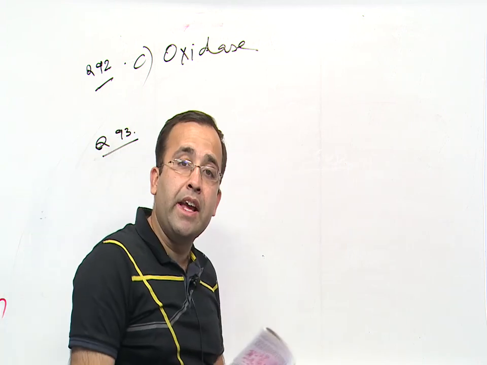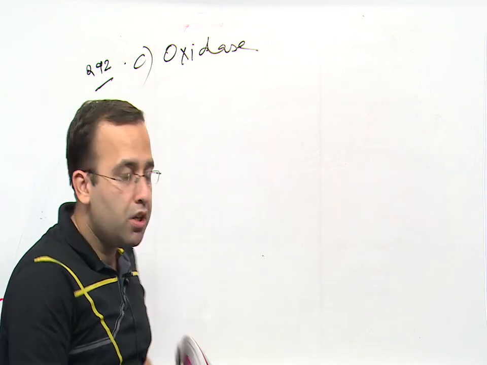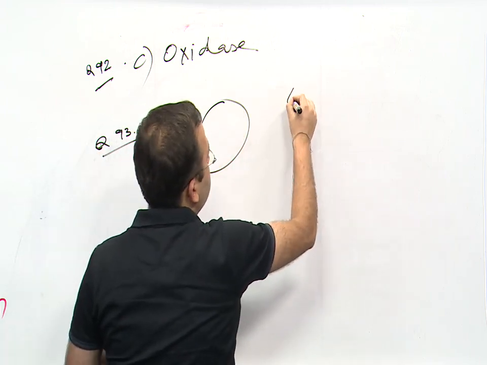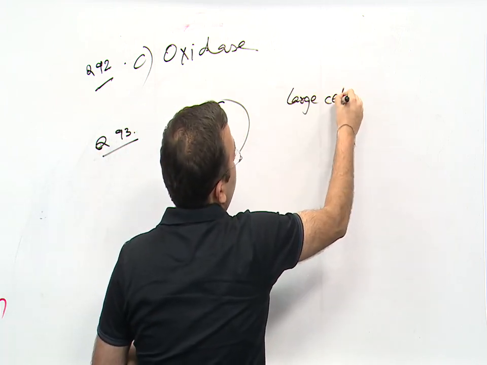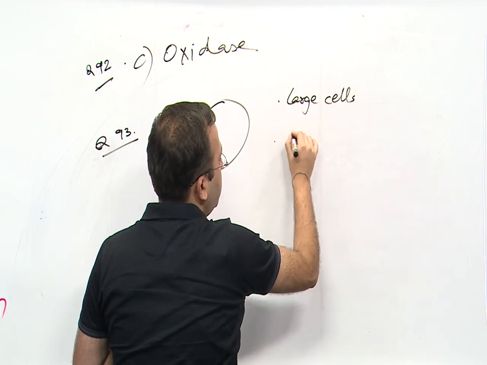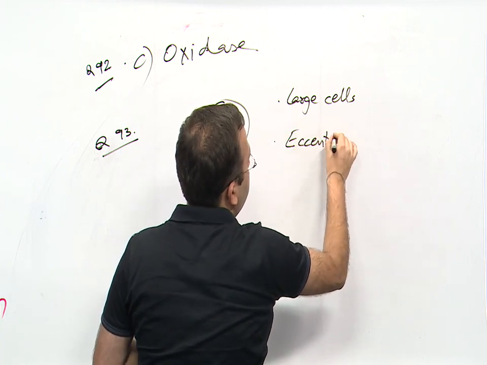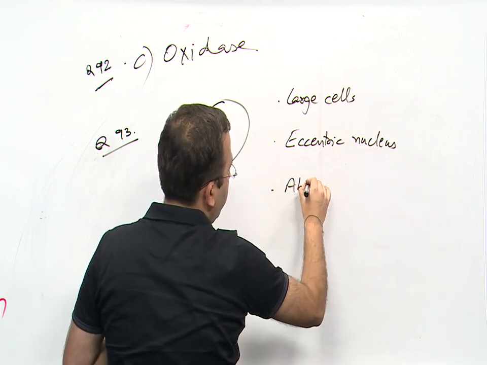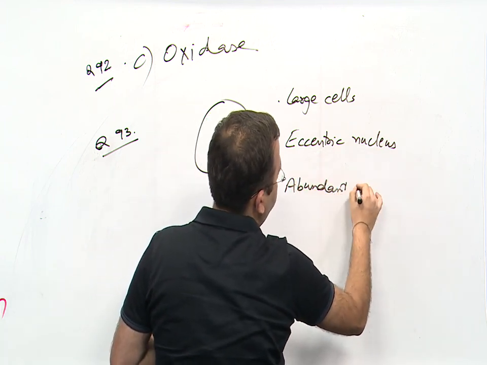First, have a look at the image. What the image is showing you is the presence of large cells with an eccentric nucleus and abundant cytoplasm.